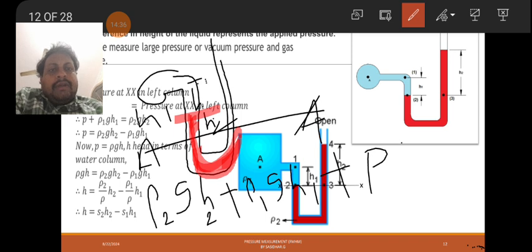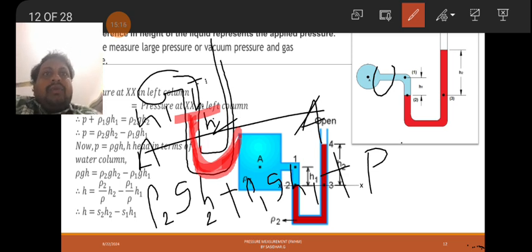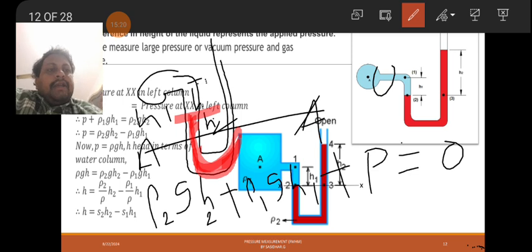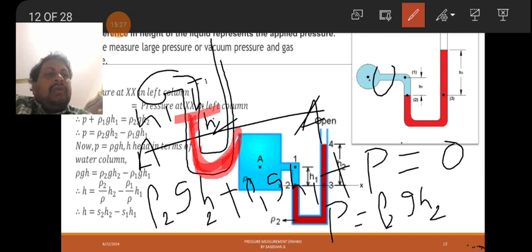The pressure above the datum line in the left column equals ρ2 g H2 plus ρ1 g H1 plus P. The pressure head in the right column above the datum line is 0. Equating the left and right limbs, we get P equal to minus ρ2 g H2 minus ρ1 g H1.